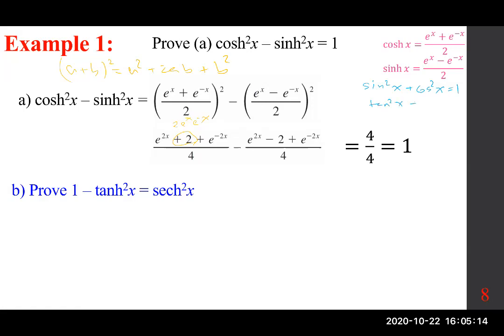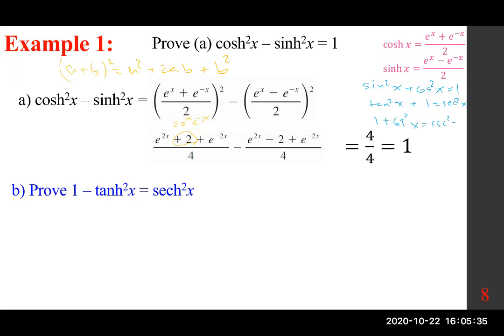Tan squared plus 1 was secant squared. And maybe I should say 1 plus cotangent squared is cosecant squared, because I want to make a point about what we did over there, not that it matters.